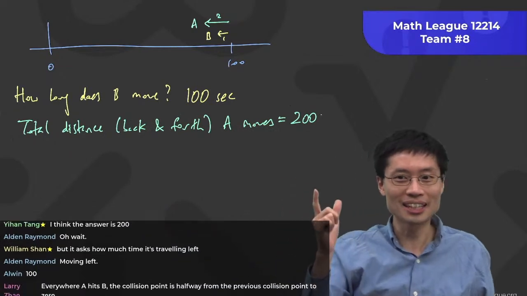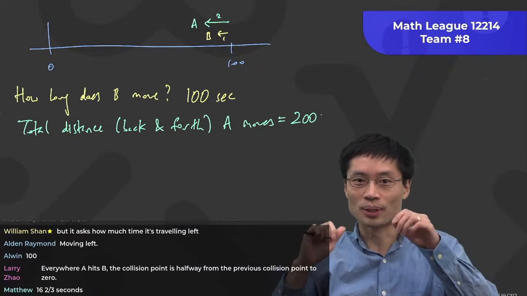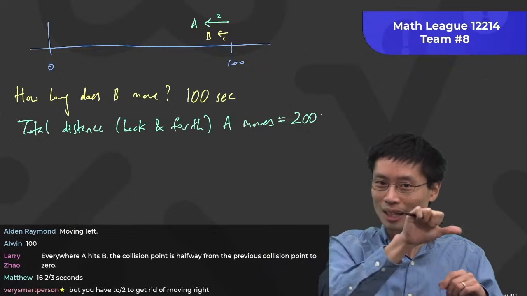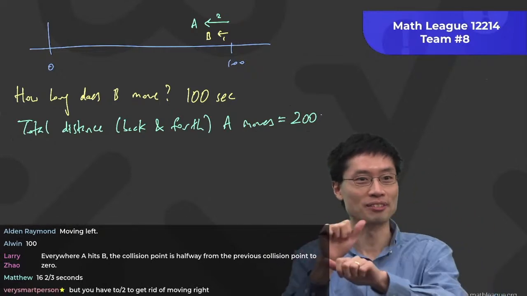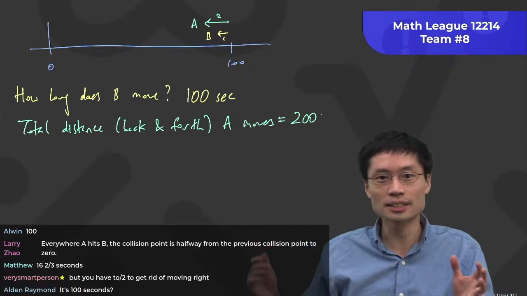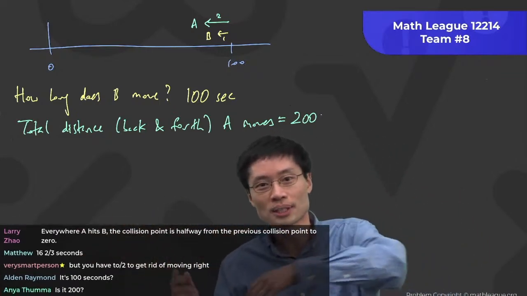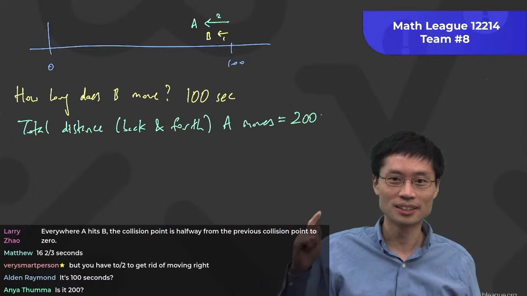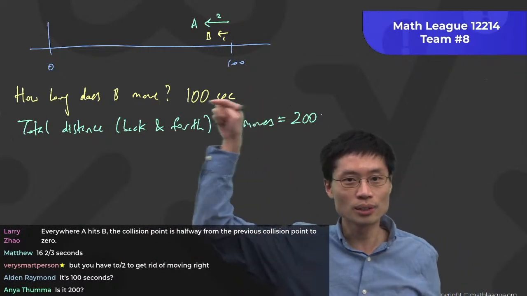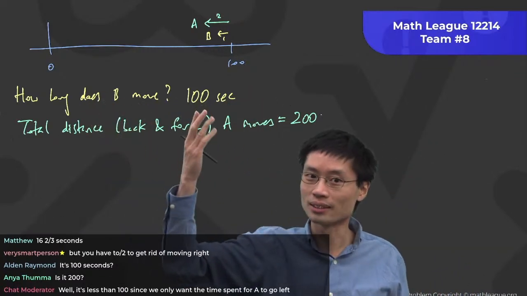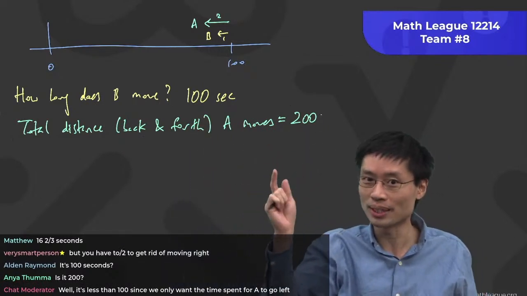So you can actually tell how much of A's movement was moving to the right and how much was moving to the left. Does that make sense? What I'm trying to say is that A's total left plus the total right is 200, but the total left minus the total right is 100, there's a gap of 100 between these two.